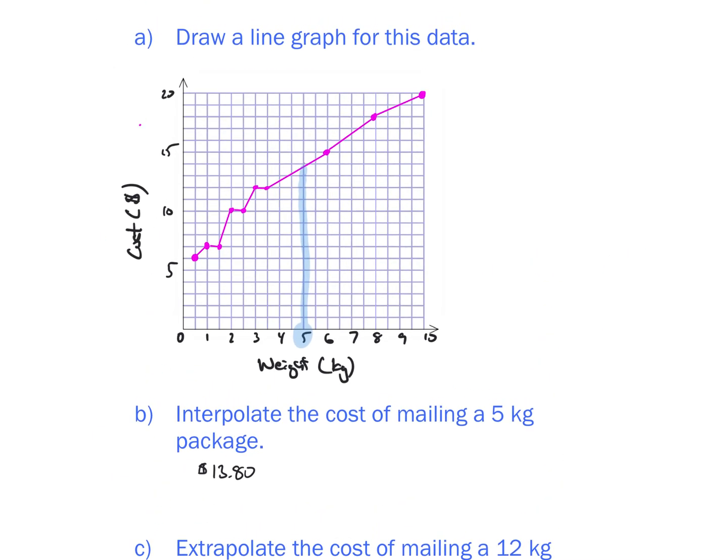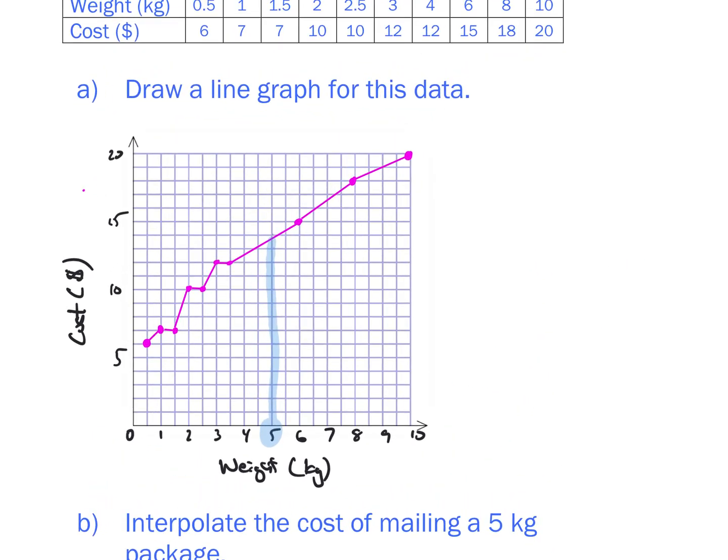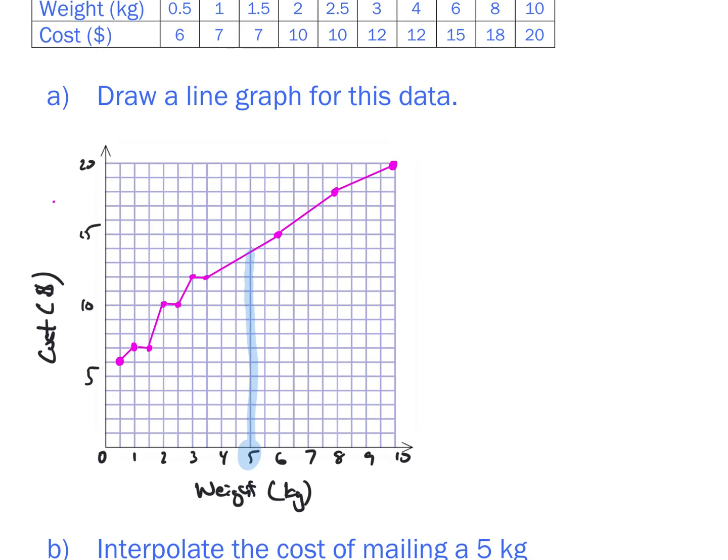Extrapolate the cost of mailing a 12 kilogram package. Well, what do we see here? We can see from this last bit of the graph the weight goes up 2 kilograms and the cost goes up $2.